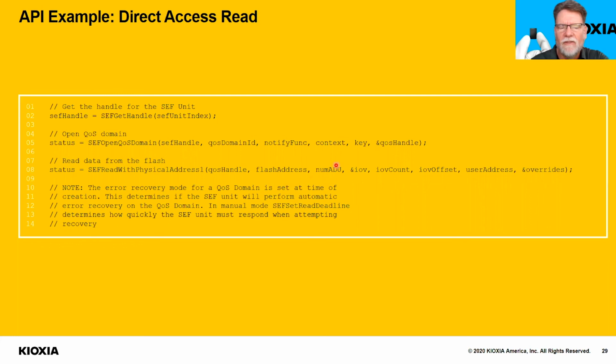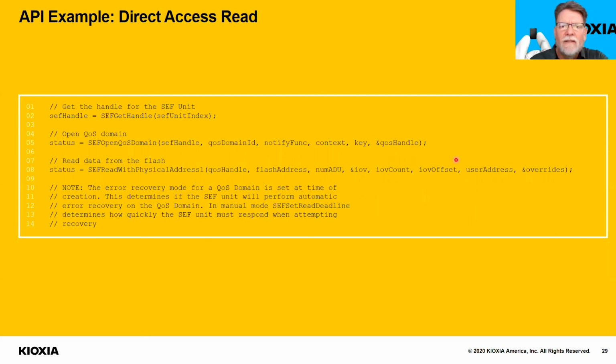Once again, in these examples, these are 4K blocks, if you will. And again, an IOV specifying the layout of the memory to put the return data in. The IOV count says how many entries are in the IO vector itself.